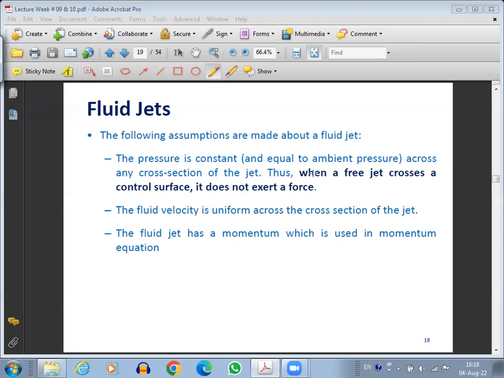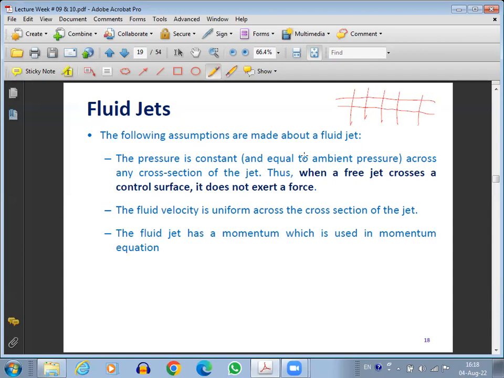The pressure is constant and equal to ambient pressure across any cross-section of the jet. Suppose this is a fluid jet, then at any cross-section, the pressure is equal to atmospheric pressure. So that means the force due to the pressure of the jet is not going to be applicable within the jet itself.